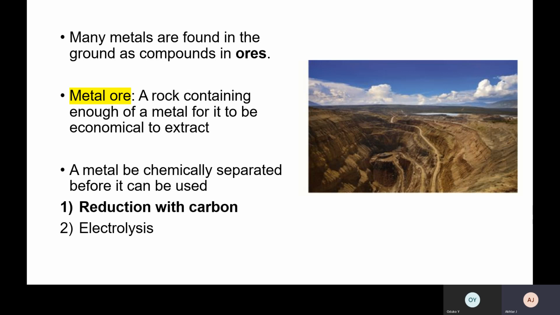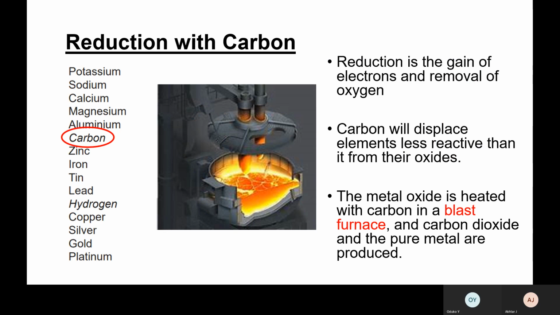Now, if we remember when we first looked at the reactivity series, we've said that there were two elements on here that were not metals, but very important as a reference point. So one of those elements is carbon.